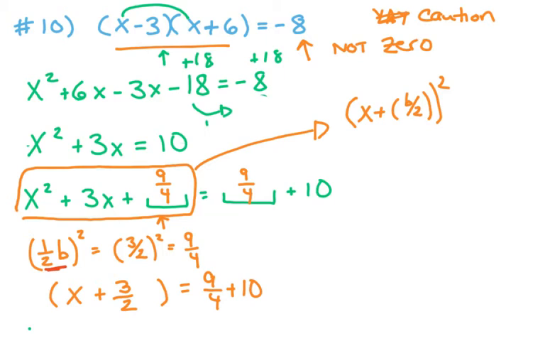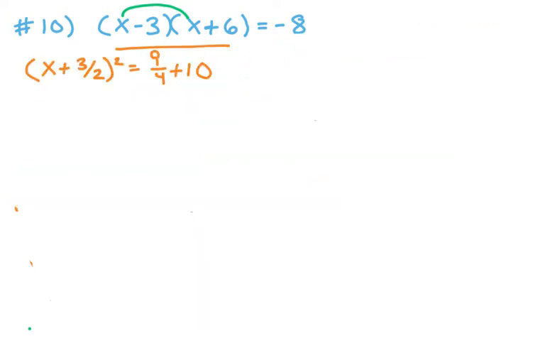If you can work this out, you get x squared, and then you would get 3/2 x plus 3/2 x, which equals 3x. And when you square this, you get 9/4. So it looks like we need some more room. So let's get another page. So we got a bit more work to do.